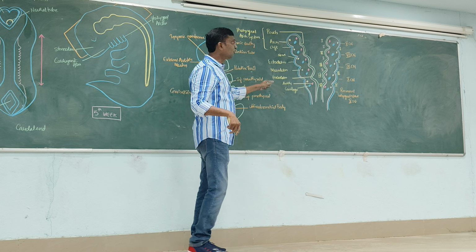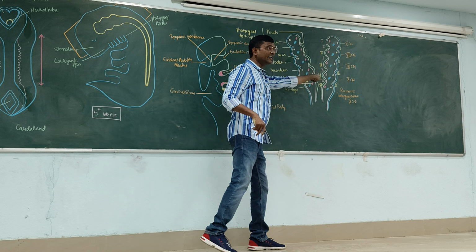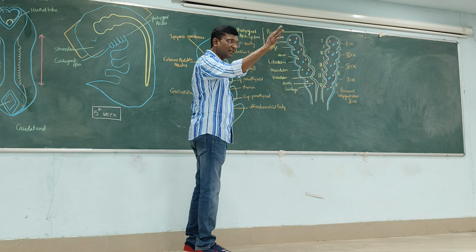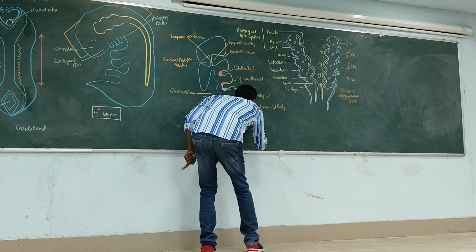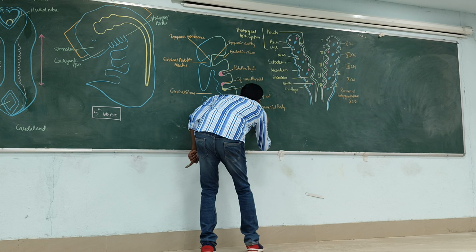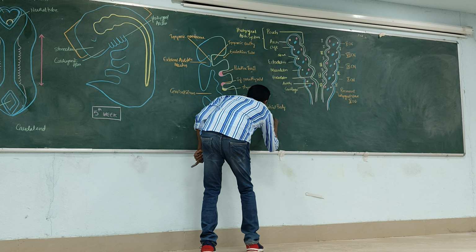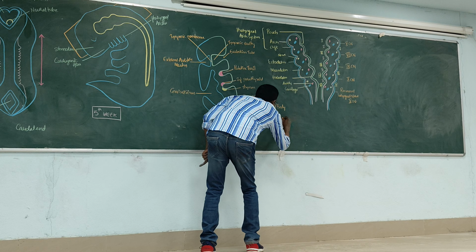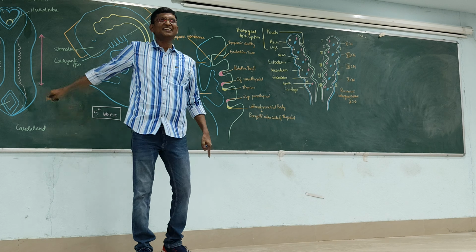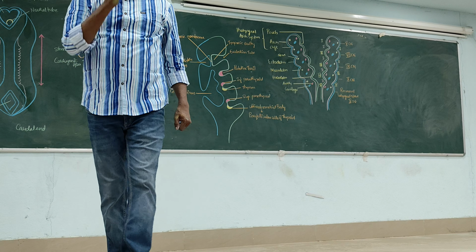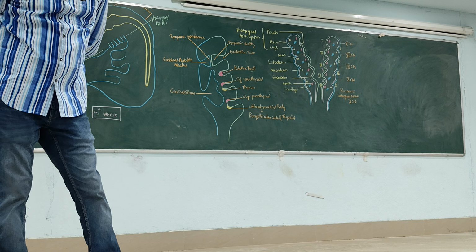Am I correct? Fourth pharyngeal pouch, right? And this ultimobranchial body will finally form, what is that? Finally, it forms the parafollicular cells of the thyroid gland.